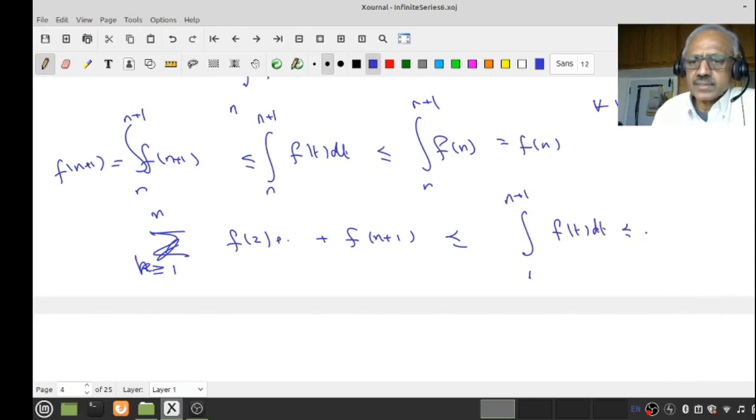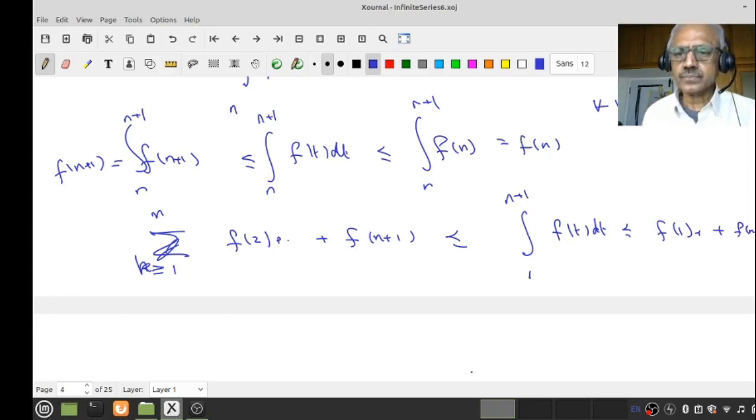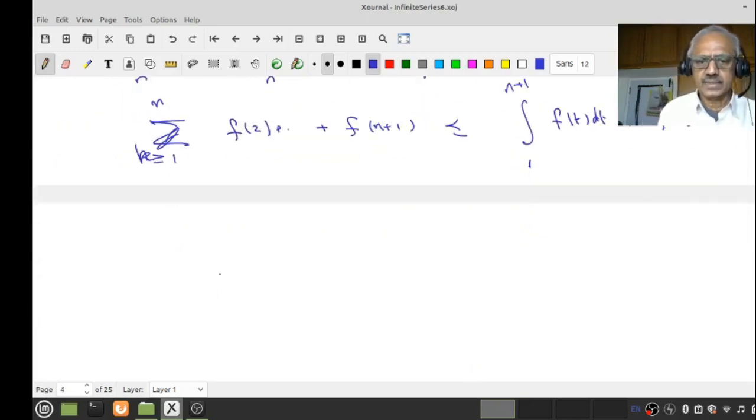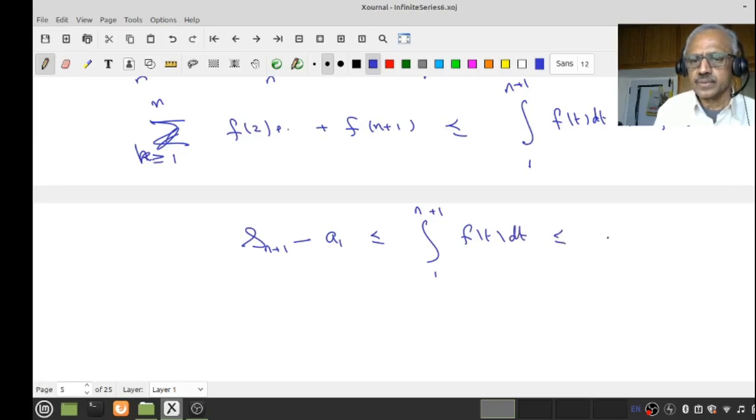But that in turn is less than or equal to f(1) plus up to f(n). That means I have the following thing: S_(n+1) minus a_1 is less than or equal to the integral from 1 to n plus 1 of f(t) dt, less than or equal to S_n.